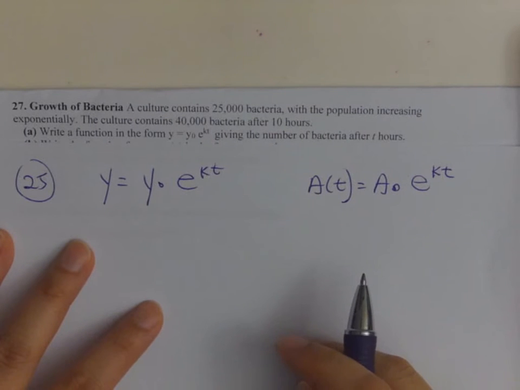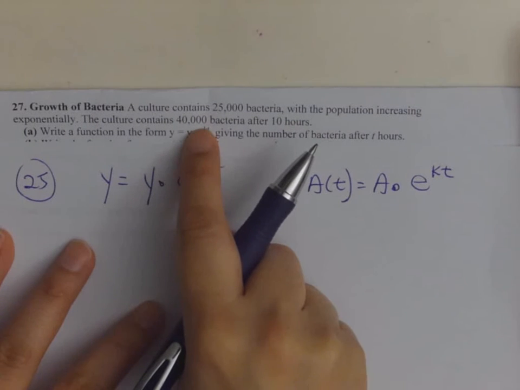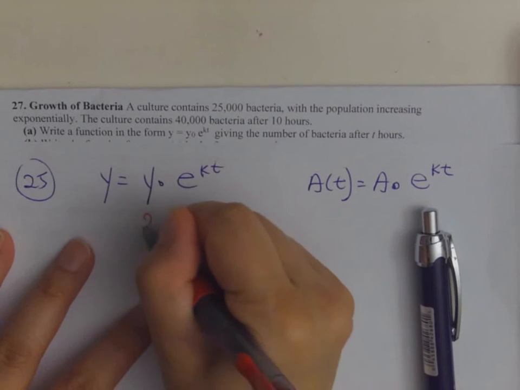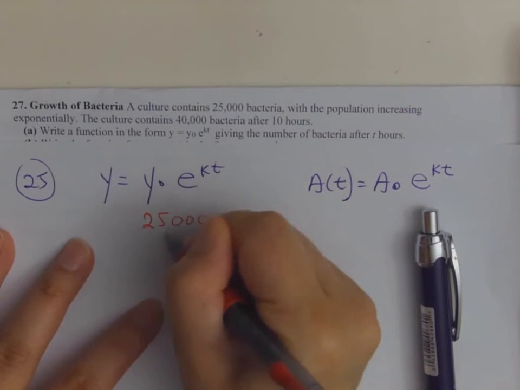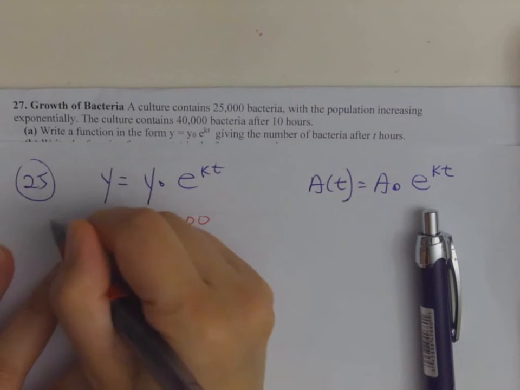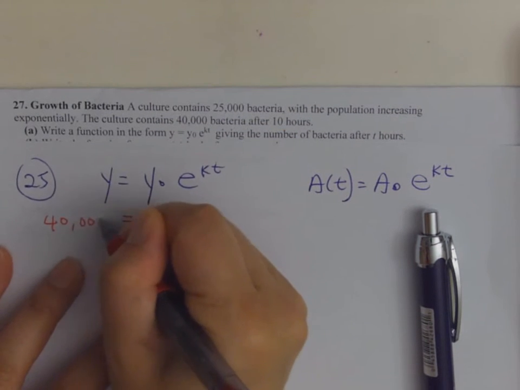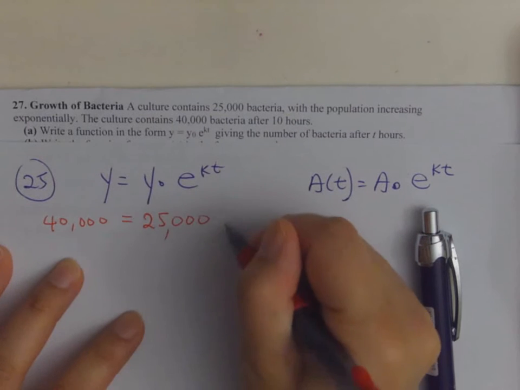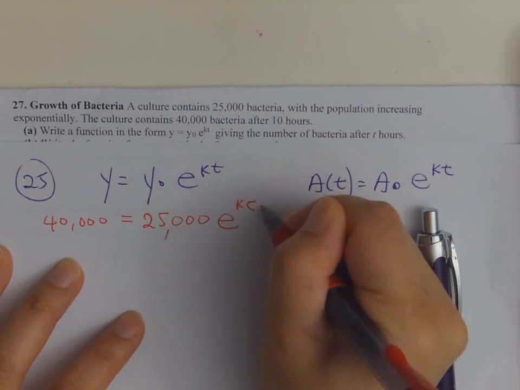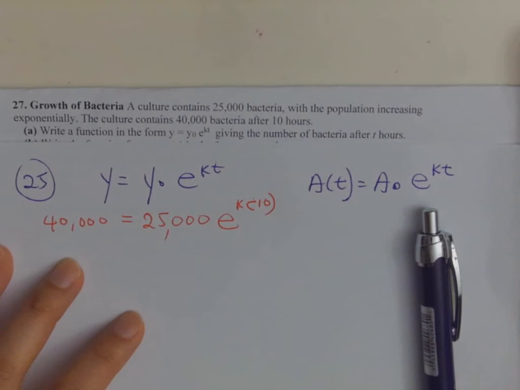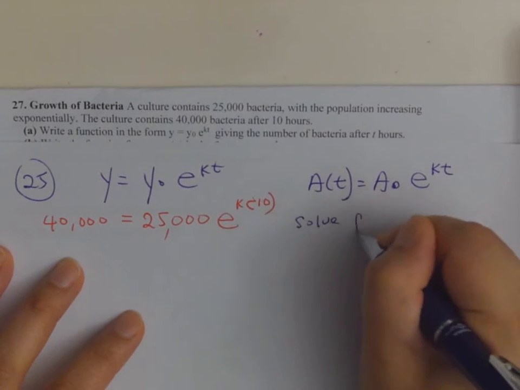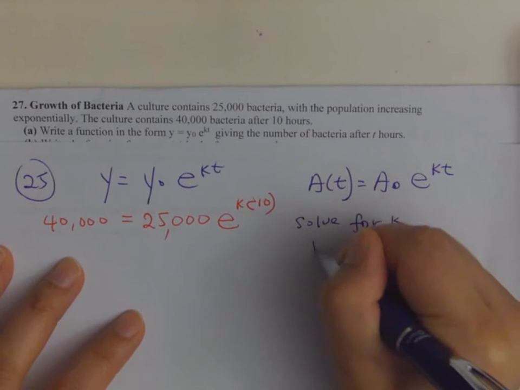The initial amount is 25,000, so I can put 25,000 here, equal to, after 10 hours the amount is 40,000, and then we have e^(k·10), 10 hours would be 10 here for t, right? So we can solve for k, which is the rate, right?